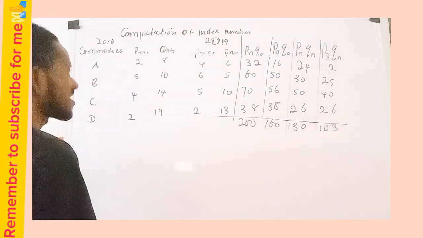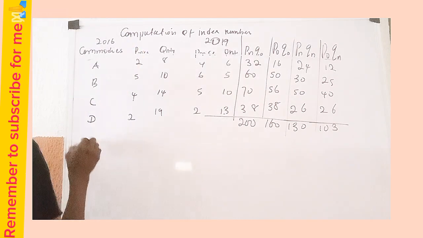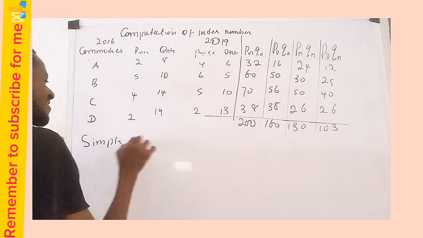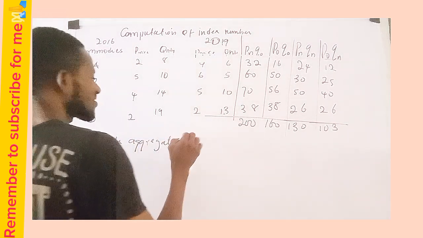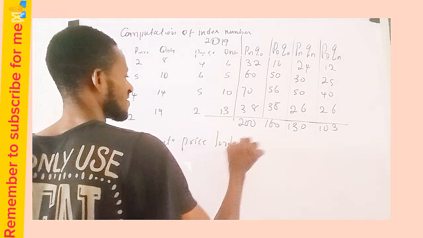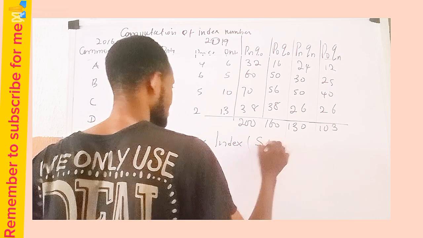Okay, the formula we gave earlier about our simple aggregates price index, we said in acronym is written as SAPI.